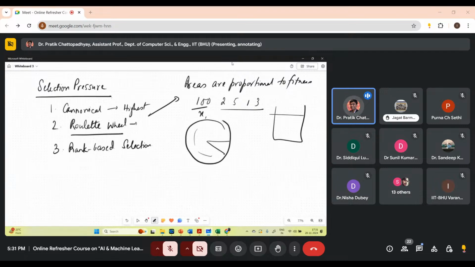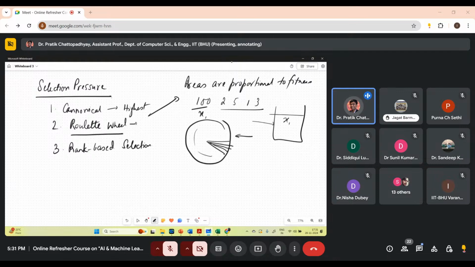Very small areas are allocated to the other chromosomes. Most of the time, the wheel will stop in this sector after rotating. So the mating pool will get copies of the same chromosome all the time.